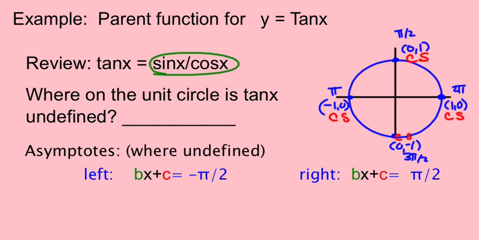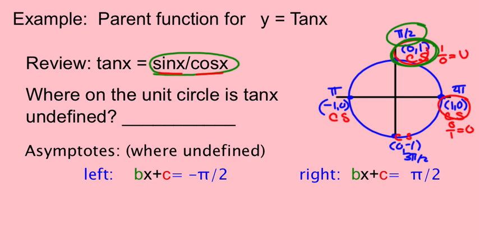When I take the sine and I divide it by the cosine, do I get 0 or undefined? So let's start with this first point. If I take 0 and I divide it by 1, I get 0. So that's not undefined. Now let's come up here. 1 and I divide it by 0. Yes, that is undefined. So this is a point that is undefined.